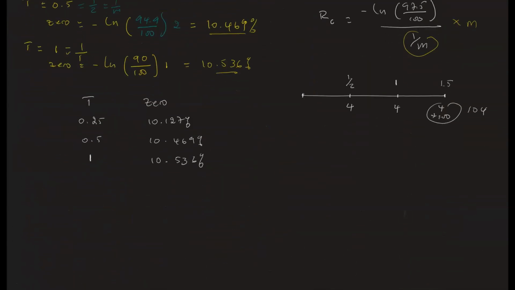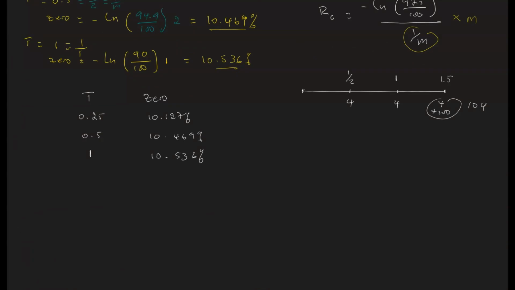So we go back to our table here, and we're going to say the price is going to be equal to, for present value, what is the zero at half a year? It's that value here, so it's going to be 10.469 multiplied by half a year, so multiplied by 1/2, plus 4, which is that value, exponential of minus, what is the zero in 1 year?